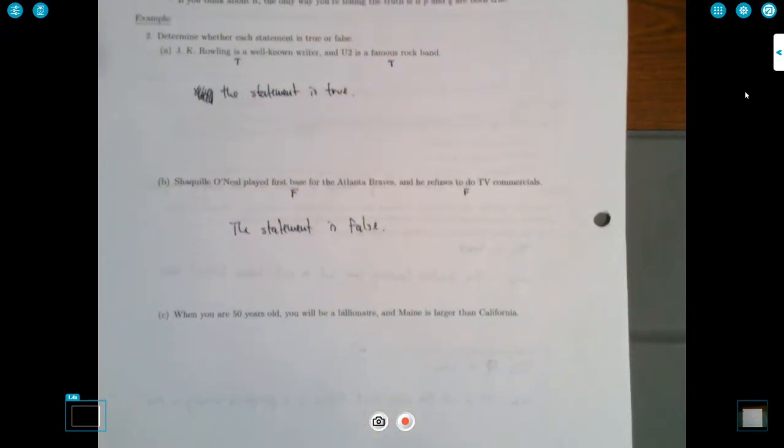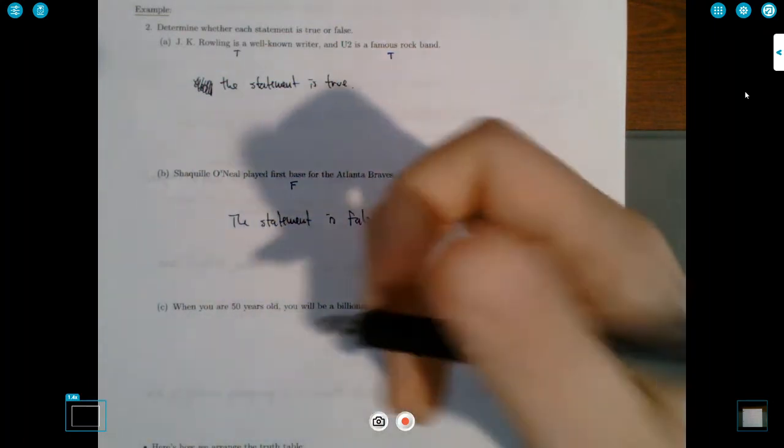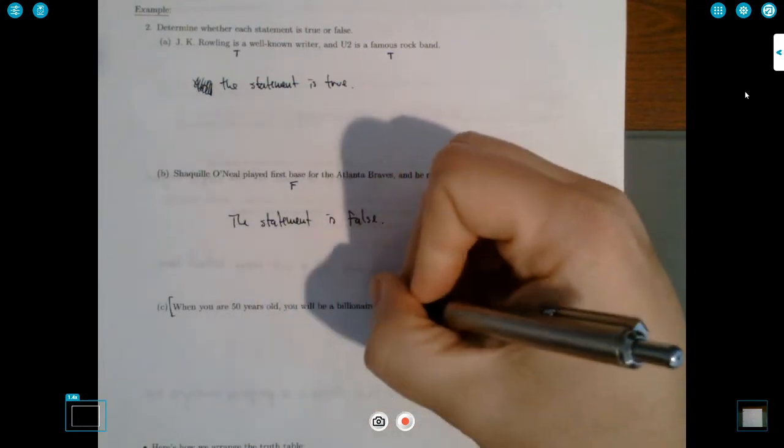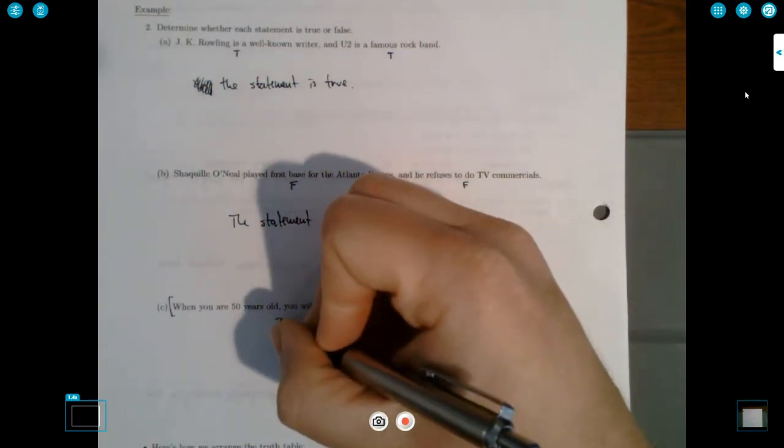Okay, and then part C, it says, when you are 50 years old, you will be a billionaire, and Maine is larger than California. Okay, so this one is kind of interesting. When you're 50 years old, you will be a billionaire. That little simple statement, I mean, who knows, right? I'm not 50 yet.